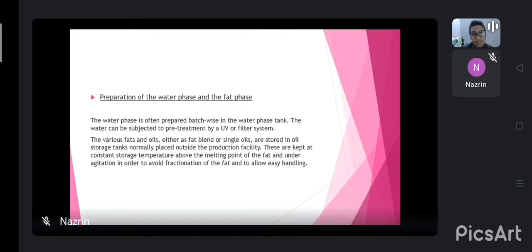The various fats and oils, either as a fat blend or single oil, are stored in oil storage tanks normally placed outside the production facilities. These are kept at constant storage temperature above the melting point of the fat and under agitation in order to avoid fractionation of the fat and to allow easy handling.